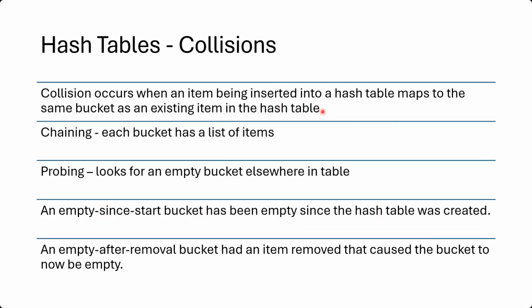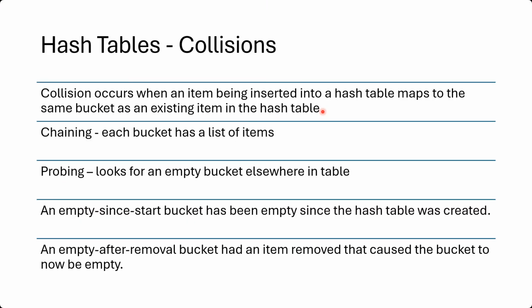The first is chaining. Remember, your hash table in its most classic form is going to find a bucket and drop your item in it. It's going to drop that integer into the bucket. That's perfect. That's what we want. But we hash our values, and it turns out we have an item in the bucket and we're trying to put something else.